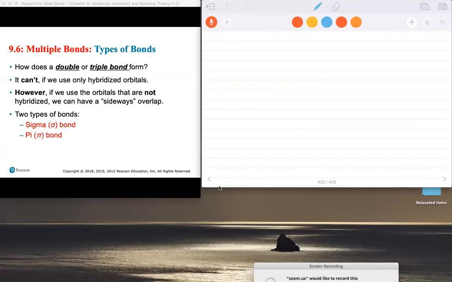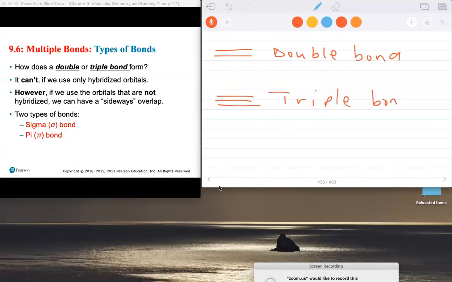In chapter 8, this represents a double bond: 2 lines represent a double bond, and 3 lines represent a triple bond. We have 4 electrons on the double bond and 6 electrons on the 3 lines.